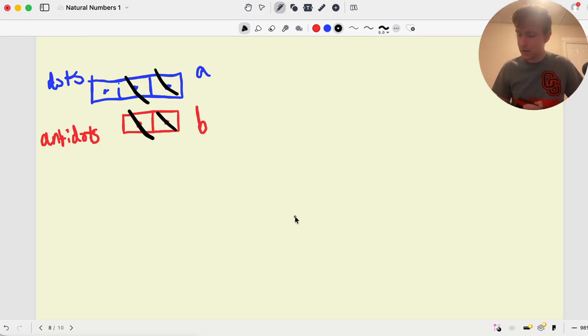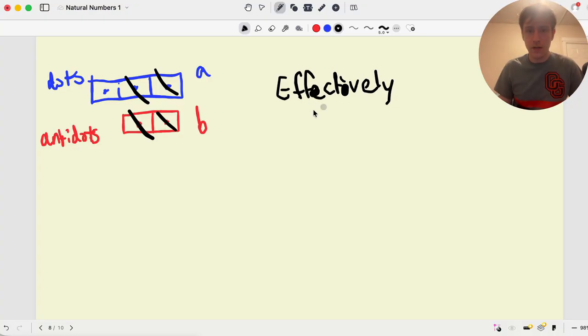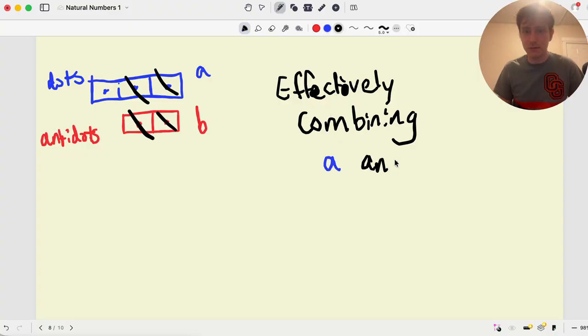So what we're doing is we are effectively combining A and B. The problem is, A is a natural number, and that's something we're used to.